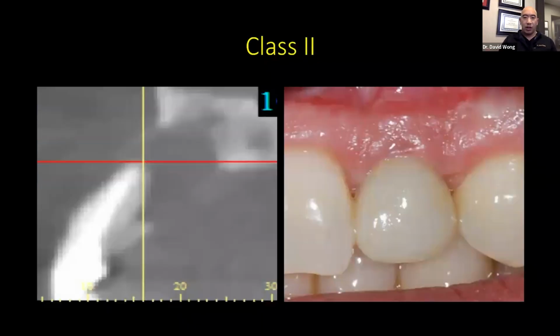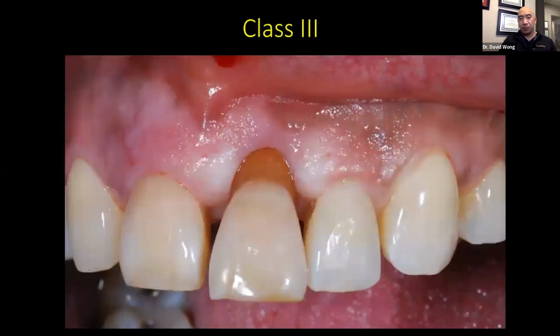Okay, so here the soft tissue looks really, really good. But if you look at the CBCT, there's no bone. And this is where we're like, I want to put an implant in. There's just no bone to put it in, and this is hard too, because patients don't understand. They just look at their tooth and they're like, there's nothing wrong with the tooth, just put an implant in. So this is where CBCTs really tell you the whole story.